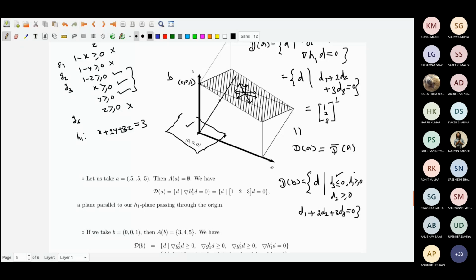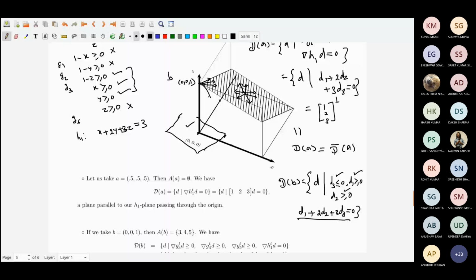But side by side, what this is saying is that all these you can do, but while staying on the plane itself, D1 plus 2D2 plus 3D3 equal to 0. The direction you are taking basically means staying on the plane. You can move, fine, but stay on the plane. Do not just go off it.